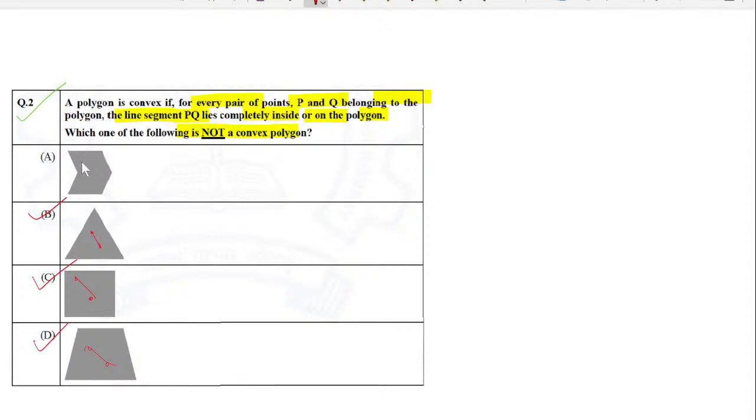But if we take 2 points, suppose here and here, and join these 2 points, then this line lies outside the figure. So this is not an example of a convex polygon. Okay, so option A is the correct option, and the remaining are incorrect options.